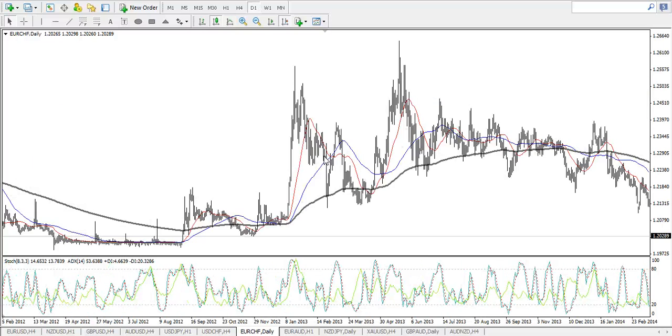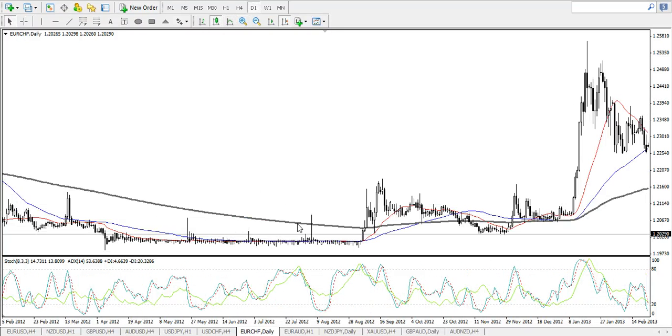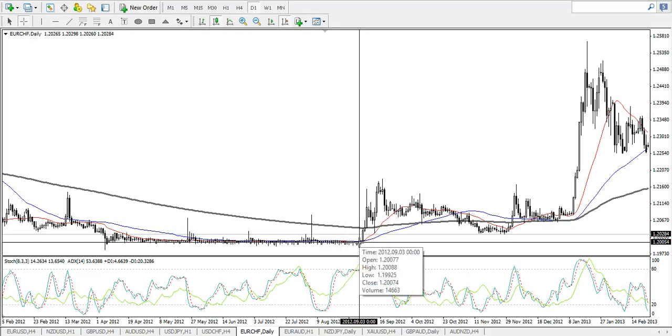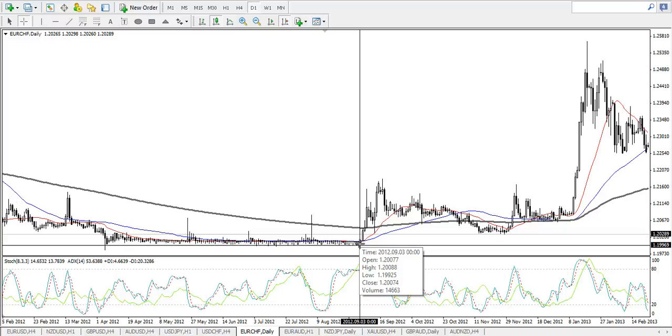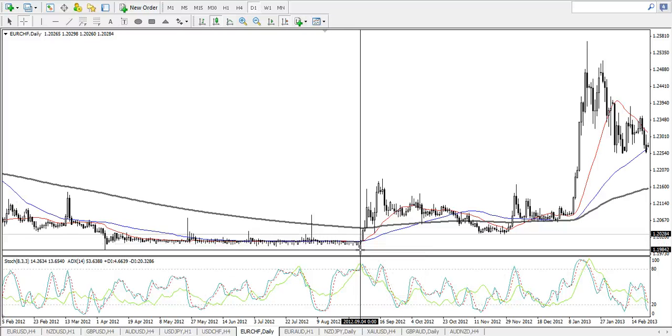Alright, you can see that the moment price touches 1.2 over here, 1.2 flat, it just gets supported. The lowest it has ever gone to since the Swiss National Bank capped at 1.2 is 1.1984.